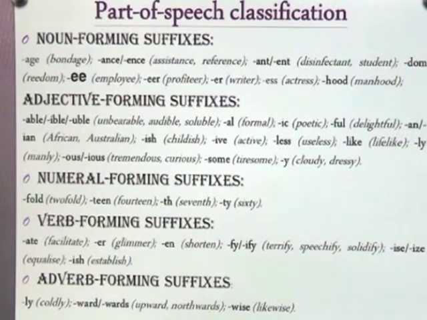The first one, part of speech classification, that is, noun-forming suffixes, for example, er, ness, dom; adjective-forming suffixes: able, al, ful, less, some; numeral-forming suffixes: fold, teen; verb-forming suffixes: ate, en, ize, ish; and adverb-forming suffixes, for example, ly, ward, wise. And here you can see some examples.